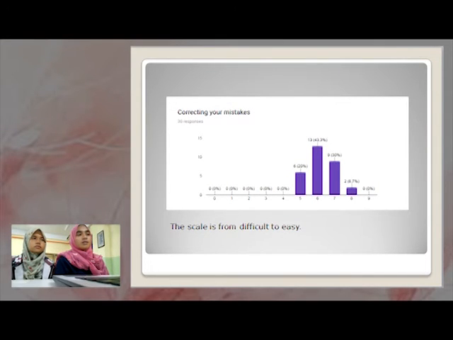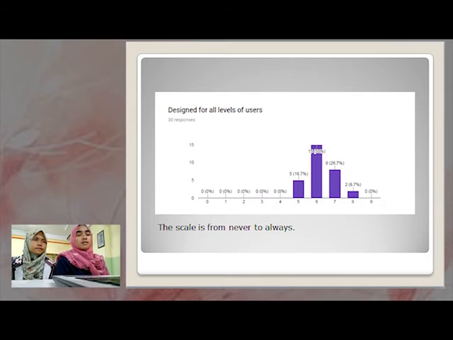And next is correcting your mistakes. The scale is from difficult to easy. We can conclude the system is easy to correct mistakes, because most chose 5 until 8. Next is the design for all levels of users.